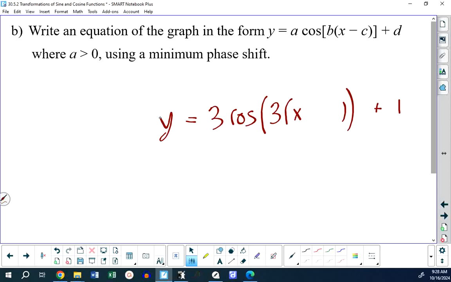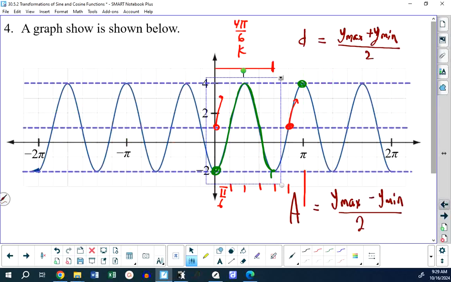What's different now is that instead of talking about sine, we're talking about cosine. Cosine starts at the top going down. Does the graph whose equation we're asked to find happen to start at that red dot going down?